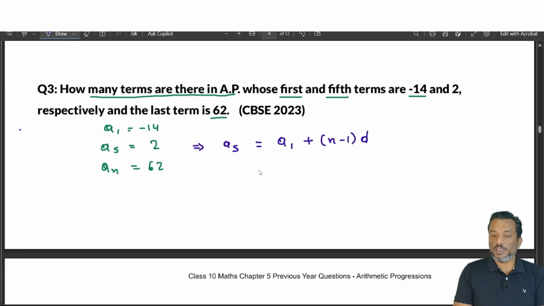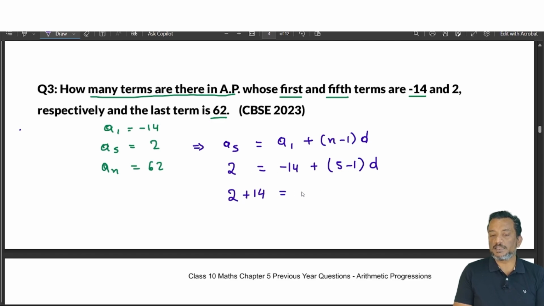Okay, so a1 is already given, and this 2 is equal to minus 14 plus 5 minus 1 times d. Okay, now after that you can say 2, you can bring this minus 14 to the other side, it will become plus.